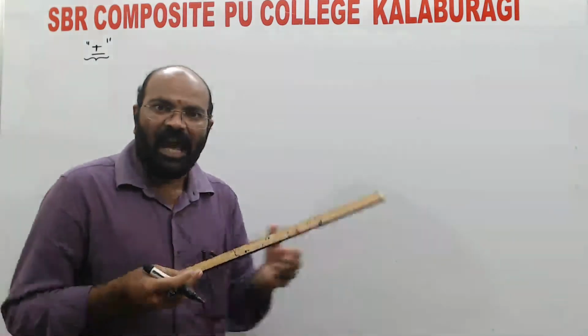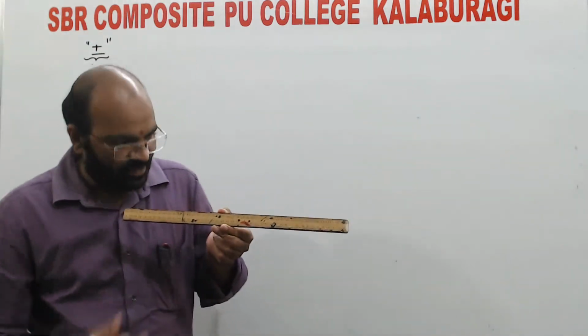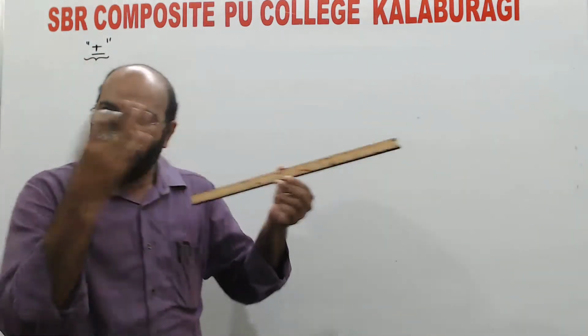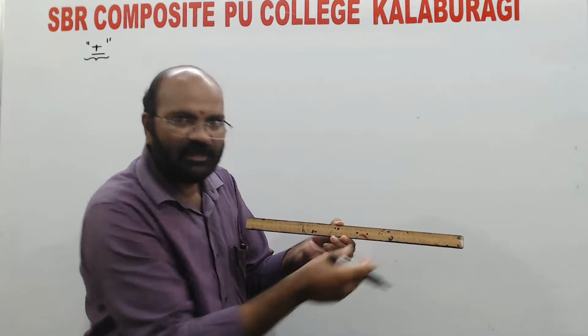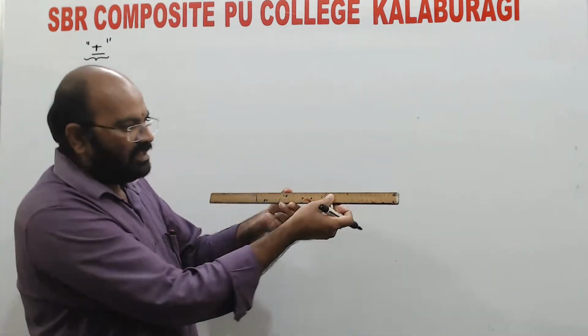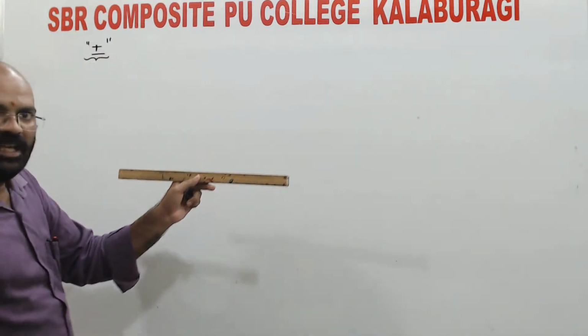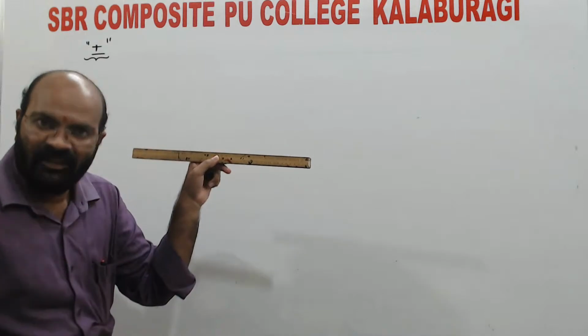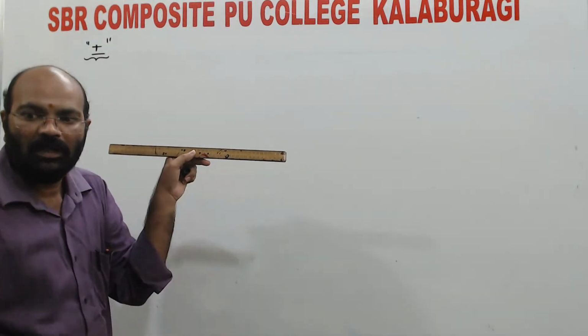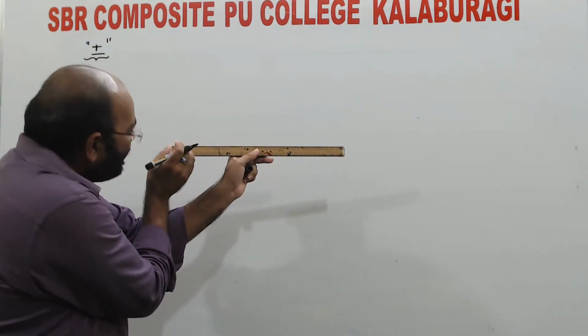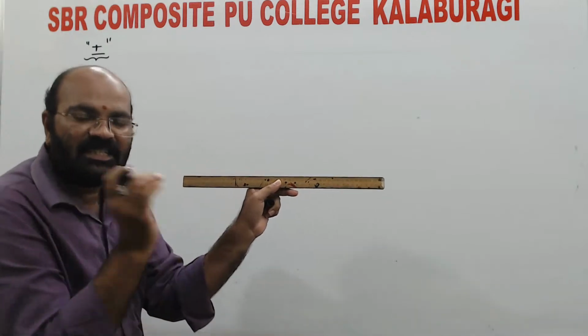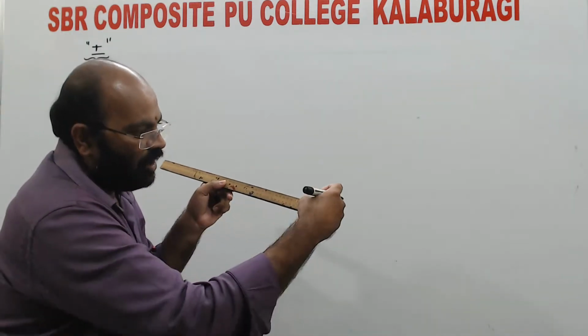For example, imagine here we have a measuring instrument. This is called a device. Any device you can consider. This is a measuring device, and it is going to measure a length. Here, each value, the least count, you see how much it will measure?